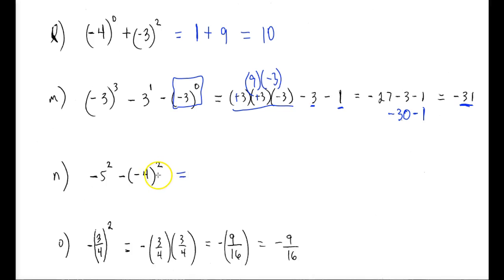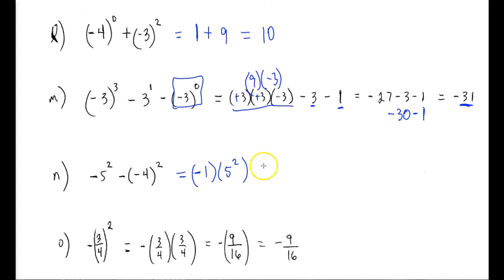For example N, we see that this -5 squared has to be interpreted this way. We know that because we do not have a situation where we have parentheses like that. Since we don't have it like that, we have to look at it differently.